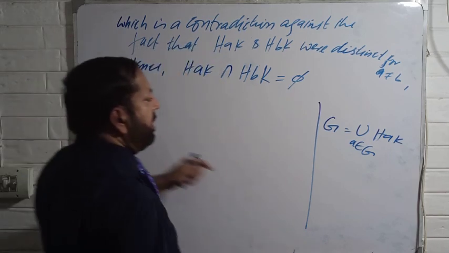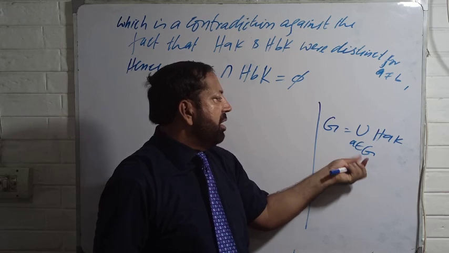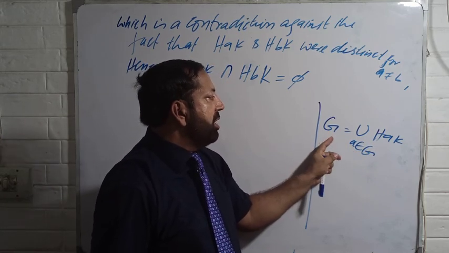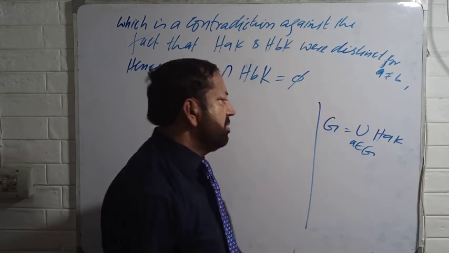So for this, again you will use the idea of equality of sets. You take an element from capital G and show that it is an element of this union.